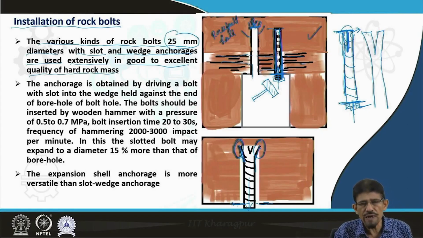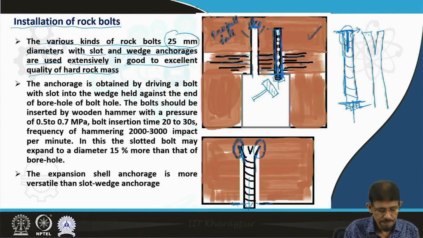For good to excellent quality, we have a number of approaches to rock mass classification for categorization of good and excellent quality rock mass, based on the Q index proposed by Barton and the RMR proposed by Bieniawski.